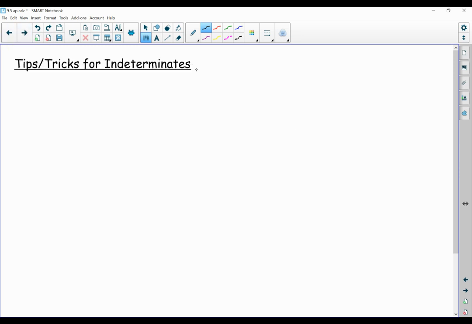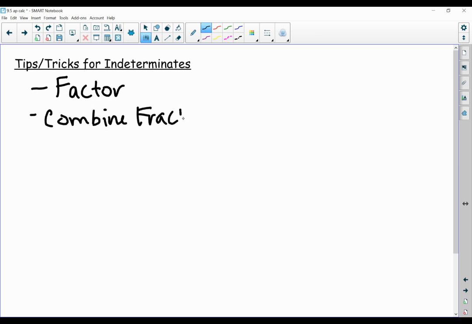But just to go over some tricks for indeterminates, factor is always a good one to use. I would say combine fractions. I'm going to say split fractions, and then in parentheses, I'm going to say like hearts. Okay.